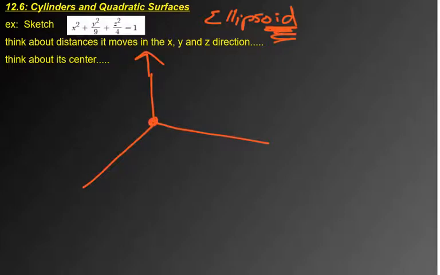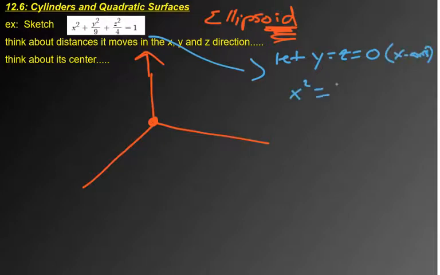But then in terms of x direction, if you let y and z be 0, so you're basically on the x-axis, then you're going to have x squared equals 1, so x is plus or minus 1.